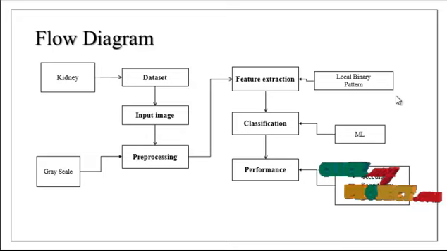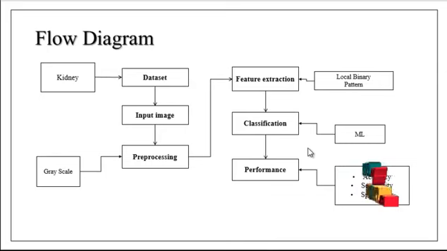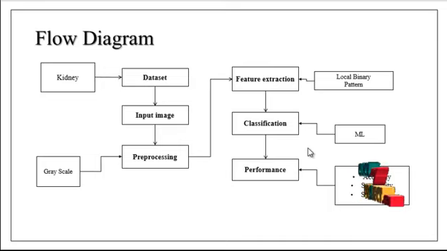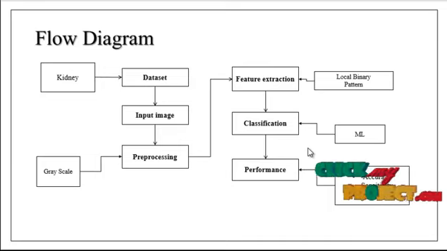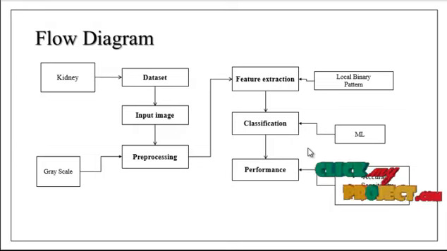After doing the feature extraction, the classification is done by using a machine learning technique to classify whether the input image is normal or abnormal. In case of normal, the classification will produce the result as normal, or else, for abnormal, the classification will produce the result as unhealthy.